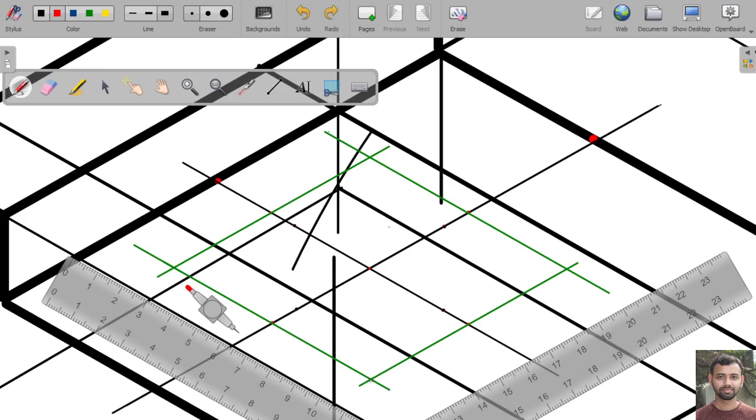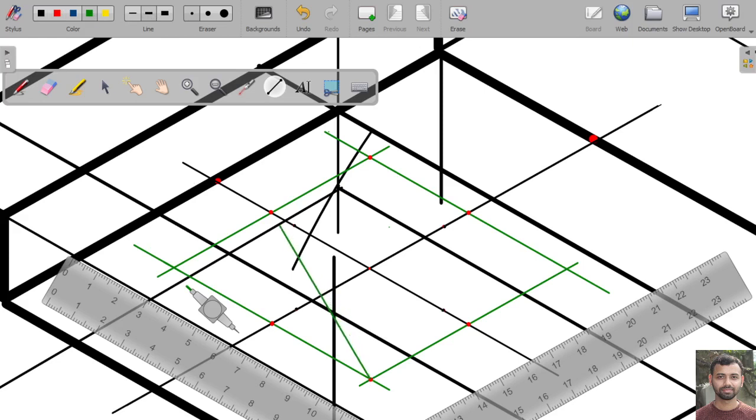This is one corner point. This is another corner point. Next we will find out the midpoint. So this is one midpoint and this is another midpoint. Okay. Similarly, this is one midpoint and this is another midpoint. Okay. Now we will connect the points.